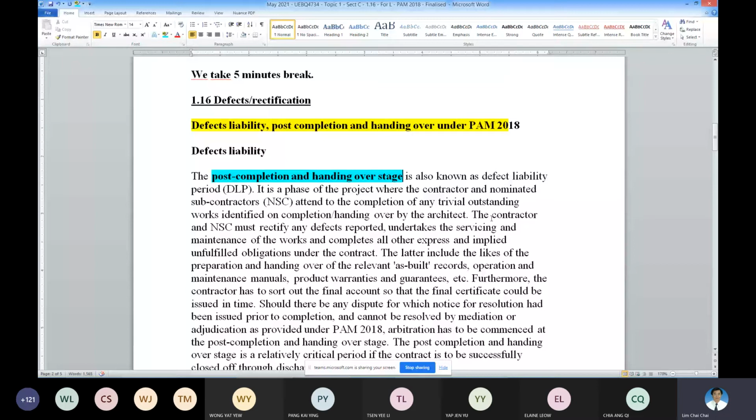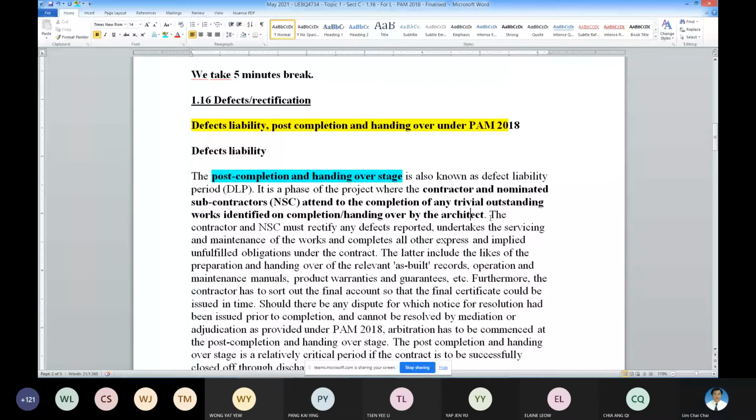It is where the contractor and the NSCs have to attend to complete any minor outstanding work identified by the architect.